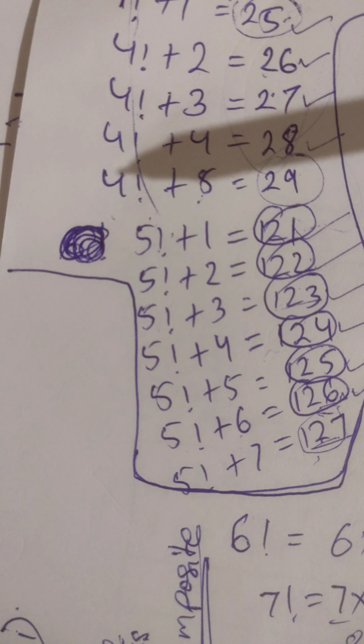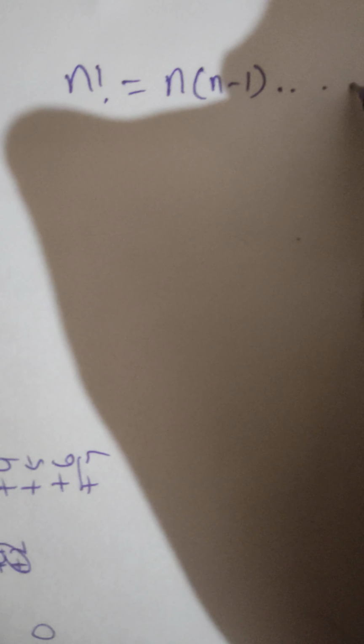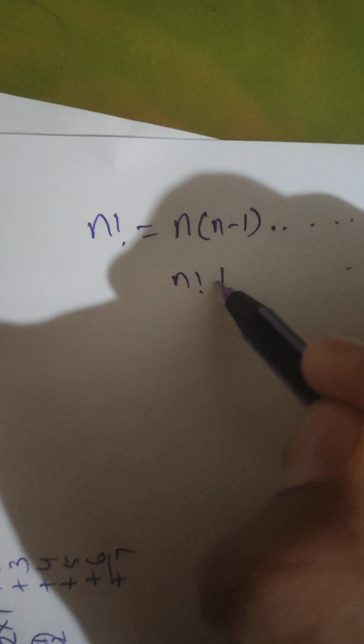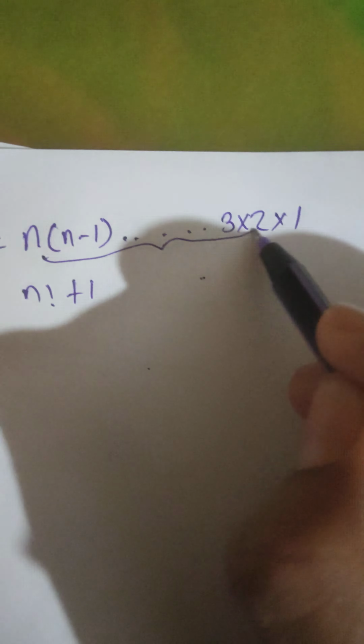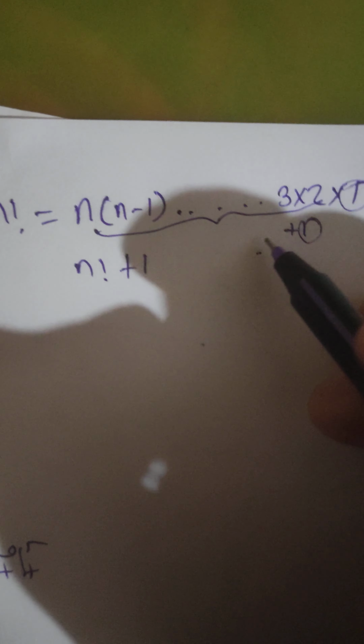So if we say n factorial, which is equal to n into n minus 1, and so on till 3 into 2 into 1, right? Now if we do n factorial plus 1, we are adding 1 to this number. Now 1 is common here, so we can take 1 common out and we will get this as a composite number, right?